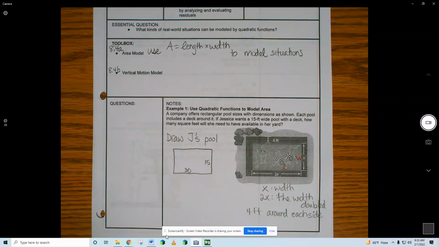Okay, great. What are the rules about the deck? What does the pool company say is the rule? New volunteers, please. The pool company says the width and the length have to be double.